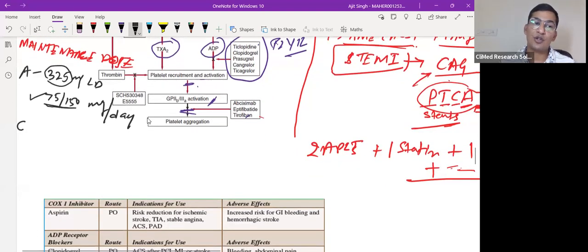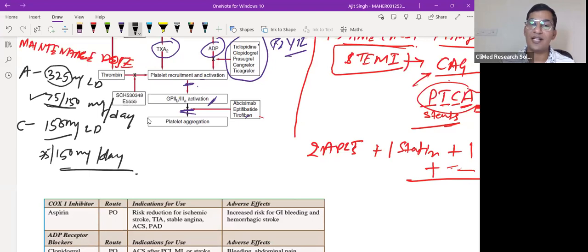If I'm talking about clopidogrel, the loading dose is 150 mg along with 325 mg aspirin, and the daily dose is also 75 to 150 mg per day. This is the Indian scenario. Aspirin is 75 mg in India only.